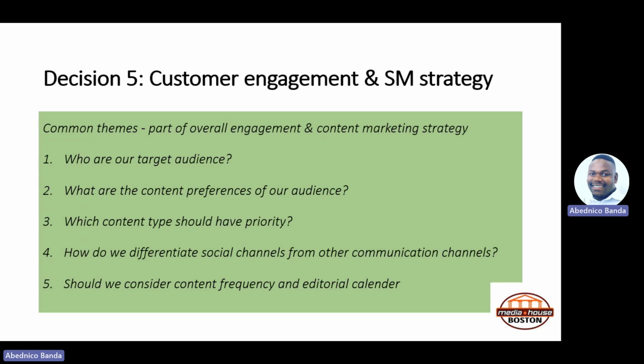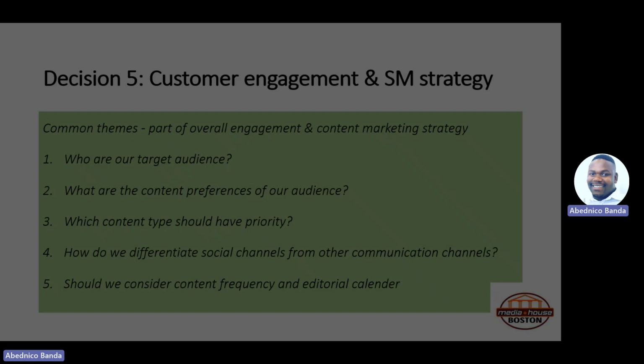But if you have an automated schedule, that will show you that per day we can have a dosage of content, the same way doctors do when they prescribe medicines to you, saying 3 times a day or 3 times a month or 3 times in winter or 3 times per year. So you can have a frequency and editorial calendar as part of your customer engagement strategy.